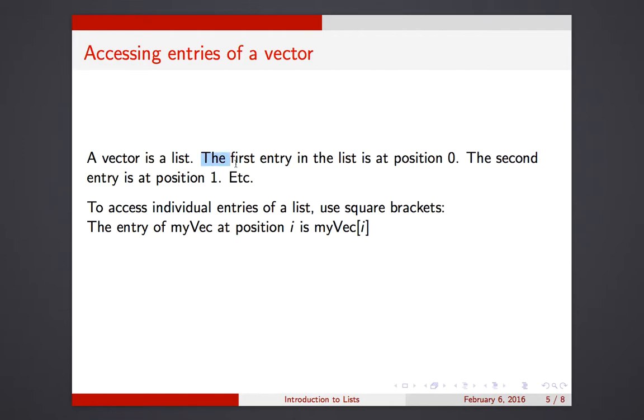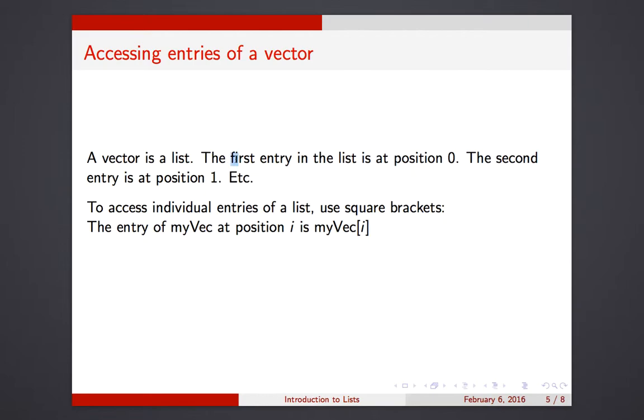Okay, now this is really obnoxious. The students hate this. As before, with strings, C++ starts counting at 0. So the first entry of a list is not in position 1. Sorry, okay? It's really annoying to most students, okay?